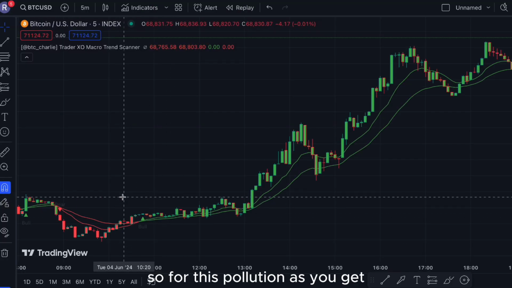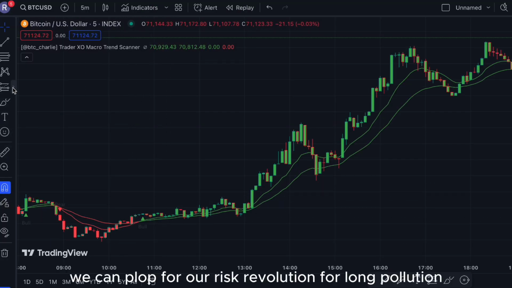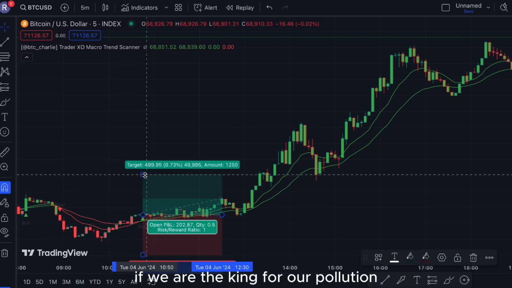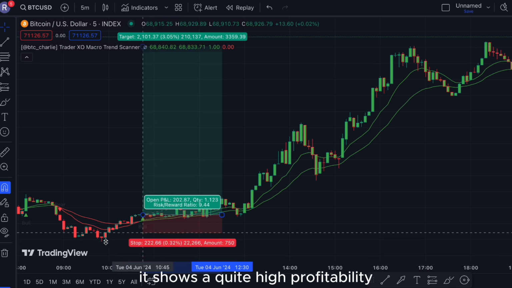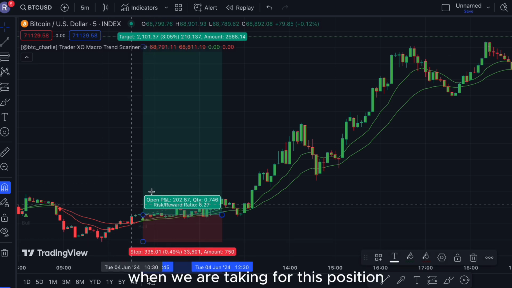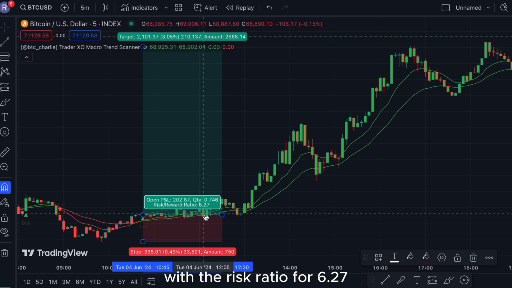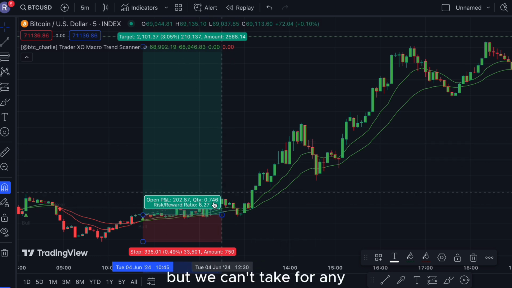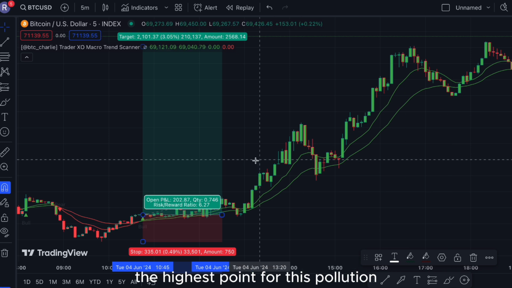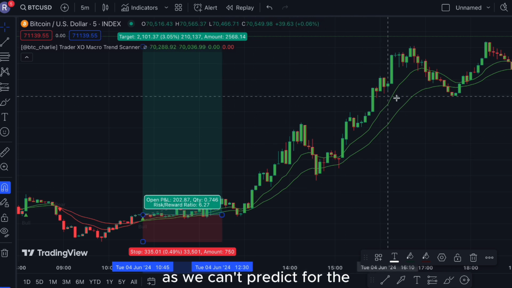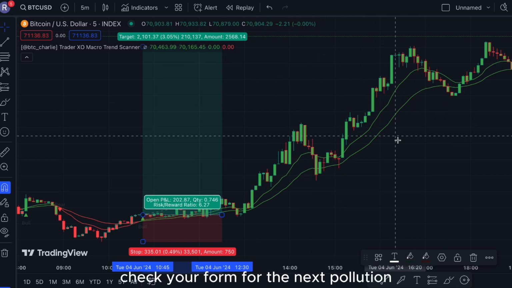So for this position, we can plot our risk reward ratio for our long position. If we take this position, it shows quite high profitability, with a risk reward ratio of 6.27. But we can't target the highest point for this position, as we can't predict what the chart will form next.